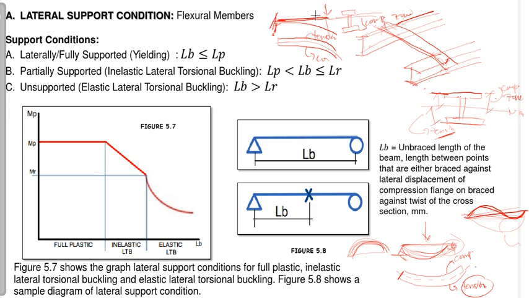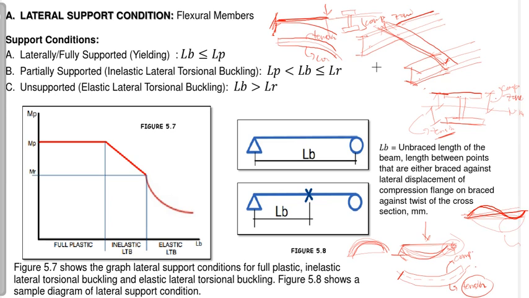Okay? Andoon yung compression zone pag cantilever beam sa ilalim. So, dyan maglalagay ng support, sa ilalim ng ating cantilever. Okay? So, yan yung concept ng paglalagay ng lateral support.